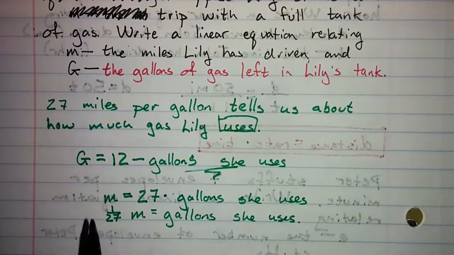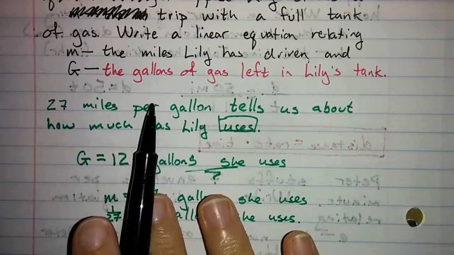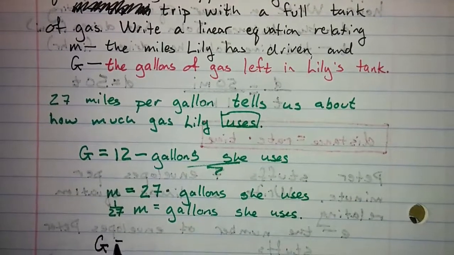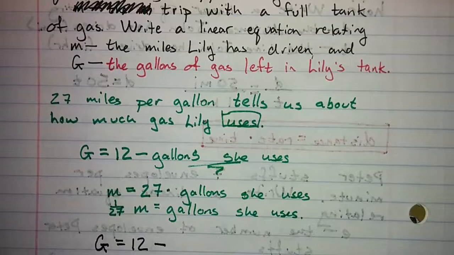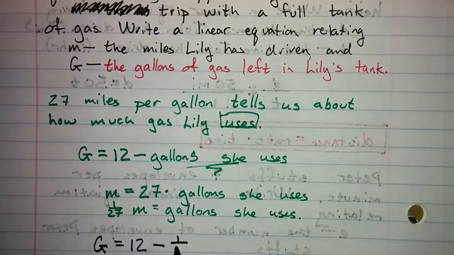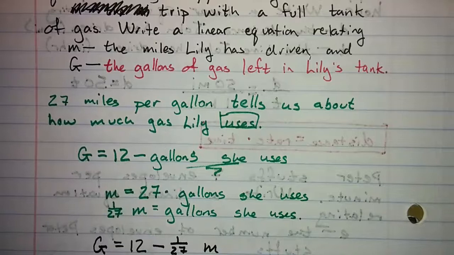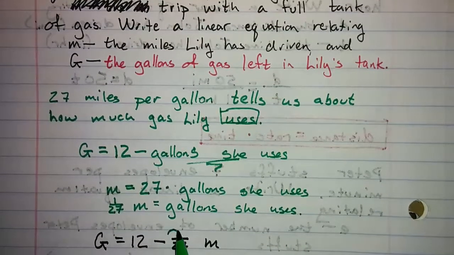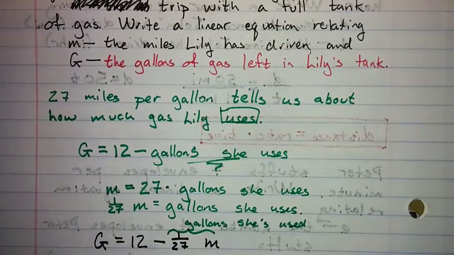So now we're in a position to actually answer this question. The gallons she has left will be 12 minus, how many gallons has she used when she's driven M miles? She's used 1/27th M gallons. Again, this expression is the gallons she's used.